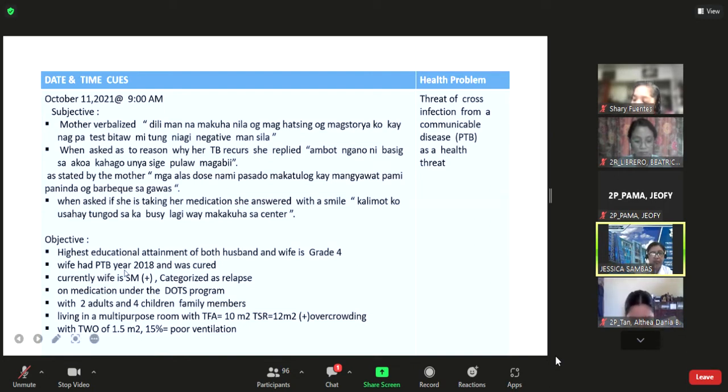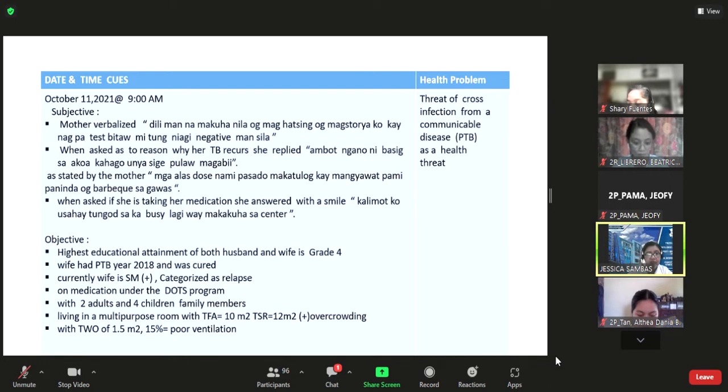Wife had PTB in 2018 and was cured, but currently is near positive again, categorized as relapse according to the DOTS program. On medication under the DOTS program, with 2 adults and 4 children as family members. So you see, there are children among the family members. These are the groups which are vulnerable for TB as well, the children.